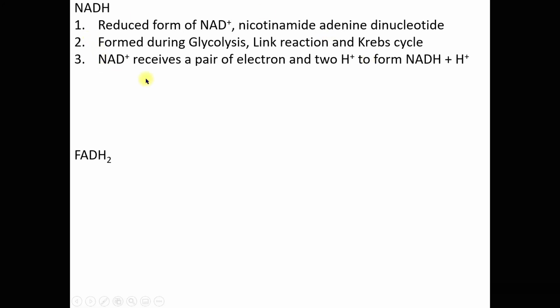Let me rephrase. NAD plus receives one pair of electrons and two protons, but NADH only carries or transfers one pair of electrons and one proton.